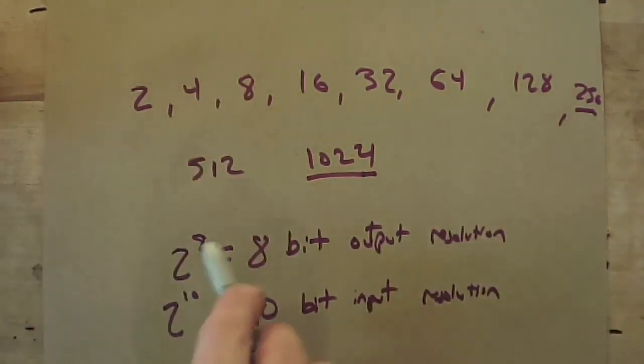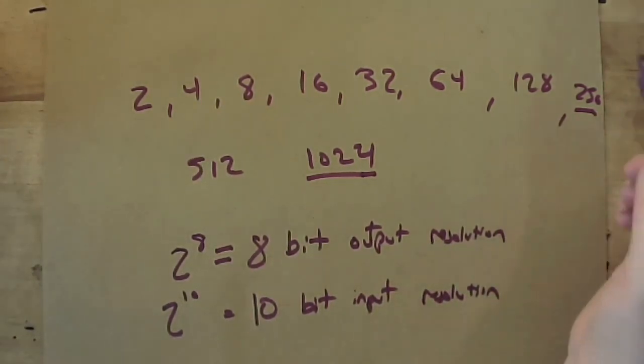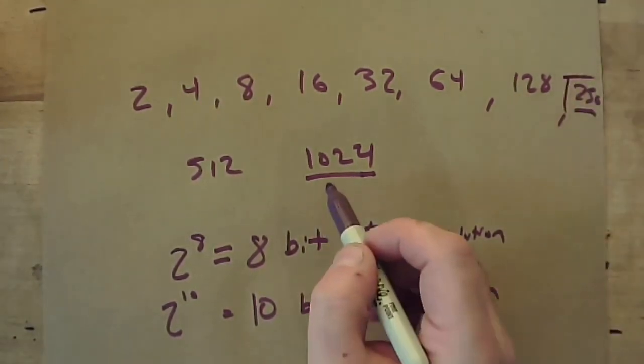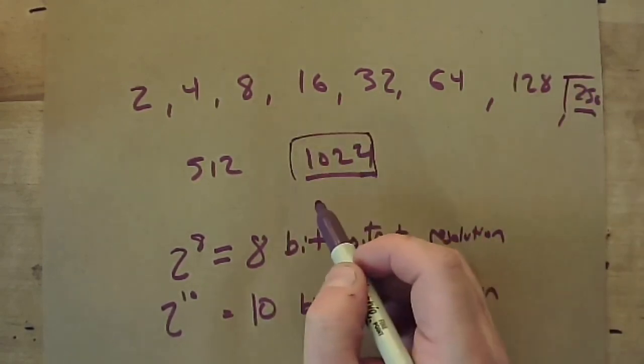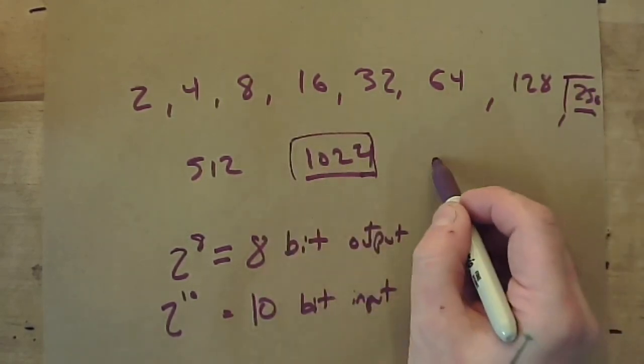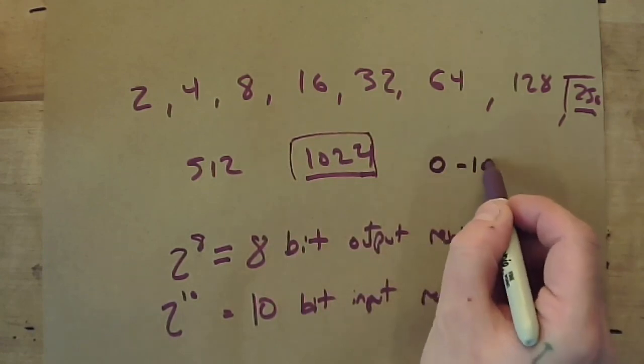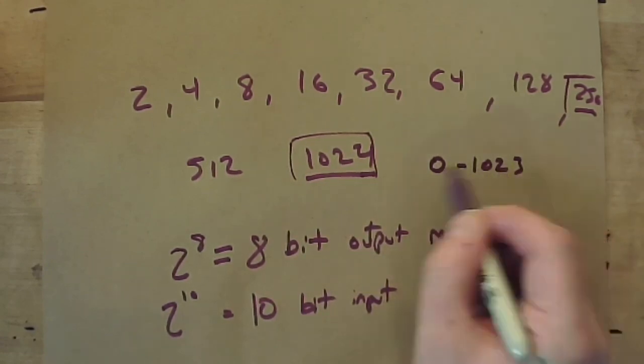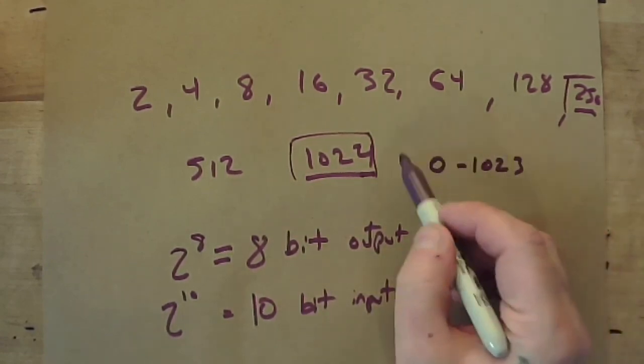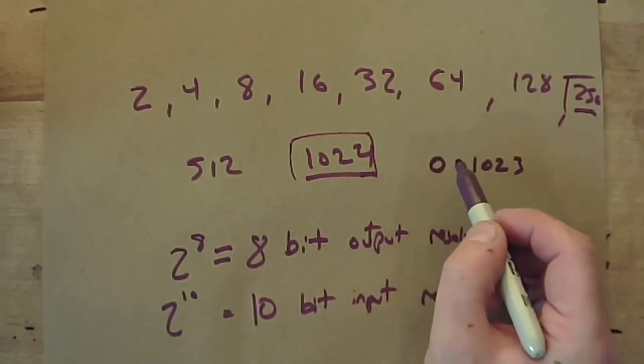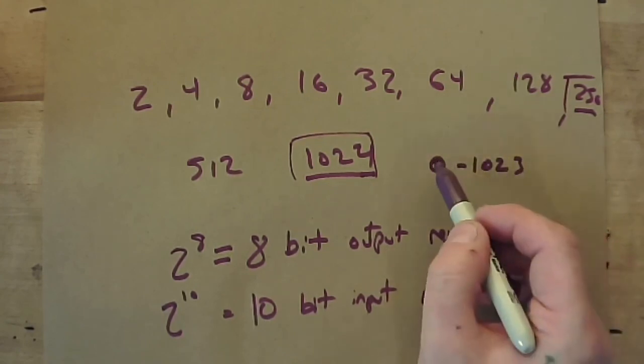This isn't so important, but I want to try to have you attuned to when you see powers of 2. In our case, because it's indexed at 0, we have 0 through 1023, but there are 1024 values there. We have 1 through 1023, and then there's also that 0.